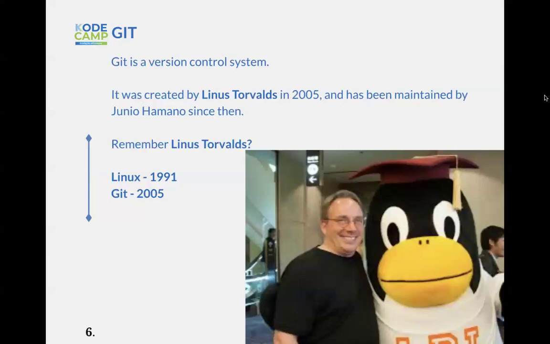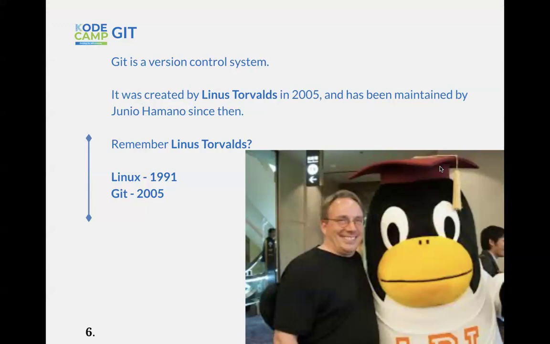Git, I'm sure if you've been in tech, or if you've worked in tech for some time, you would have heard about Git at least once. A lot of code that we know today, open source code, is held on Git.